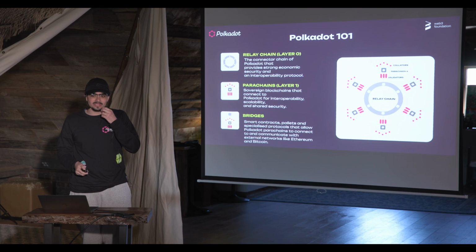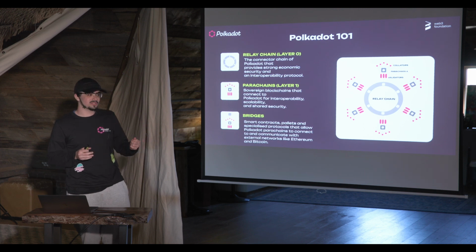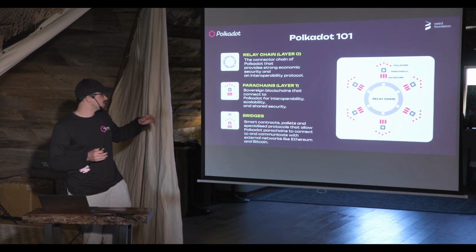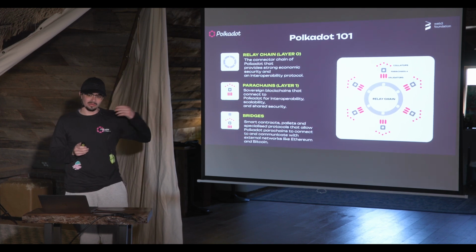And this is a quick intro to Polkadot, because I wasn't sure of the level that people knew coming into this. For Polkadot, obviously we have the relay chain, and the relay chain coordinates and orchestrates all the activity around the different parachains. Those can utilize bridges to bridge out of the ecosystem.